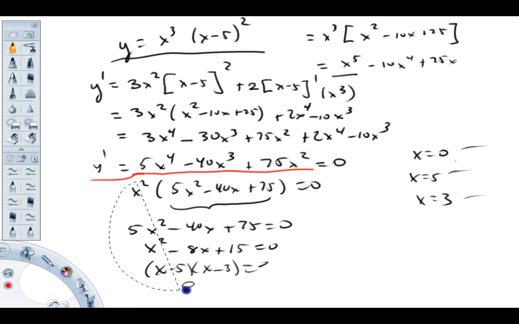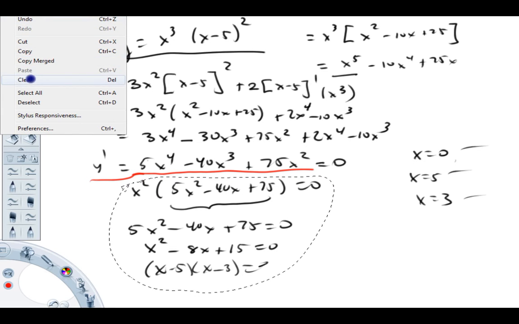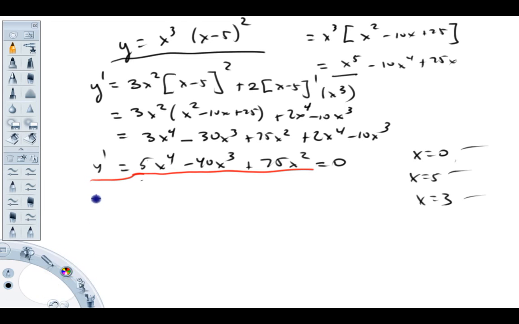I'm going to get rid of this stuff that we don't need. Okay, so y double prime is going to equal, differentiating term by term, 20x to the third minus 120x squared plus 150 times x.